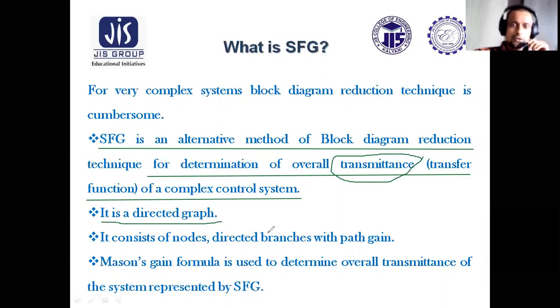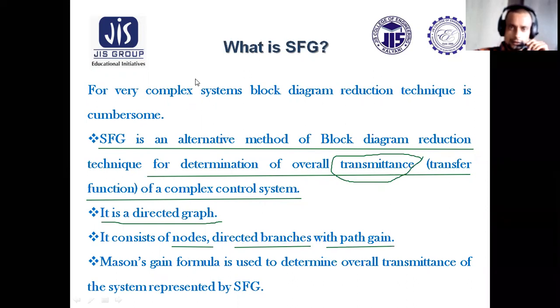It is associated with signals which have a specific direction. A signal flow graph consists of different nodes and directed branches. As I said, branches mean signals. Signals will be flowing from one direction to another with a path gain. Suppose, let us go to the next slide.